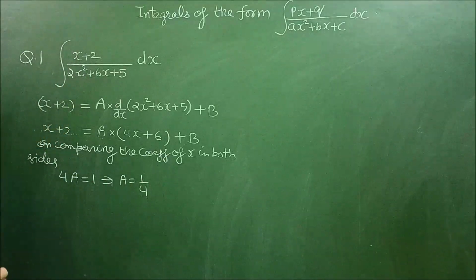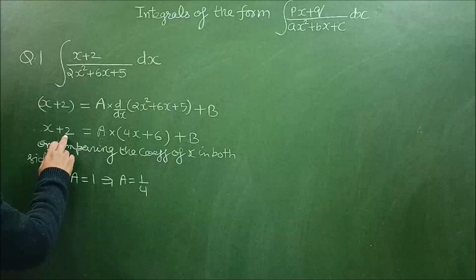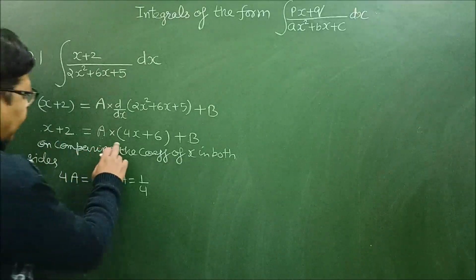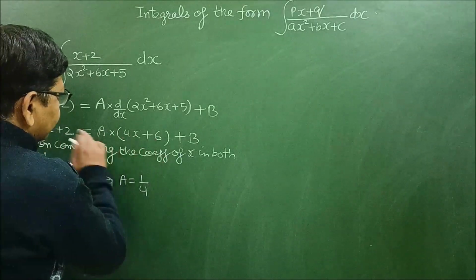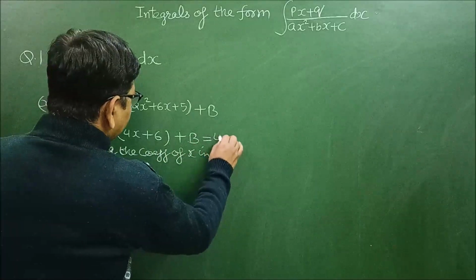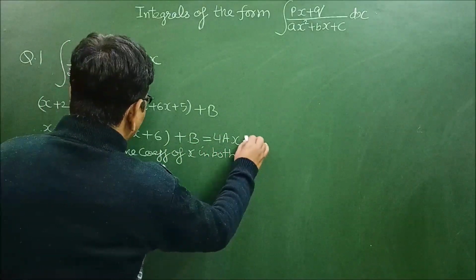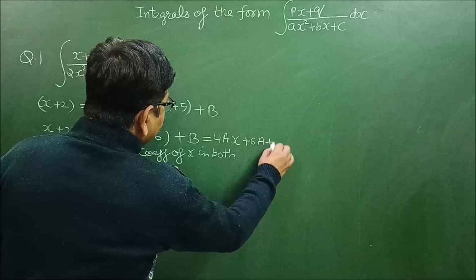The constant term in the left hand side is 2 and in the right hand side it is 6a plus b. We can write this as 4ax plus 6a plus b.